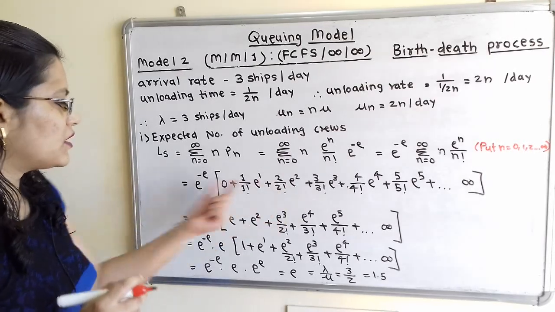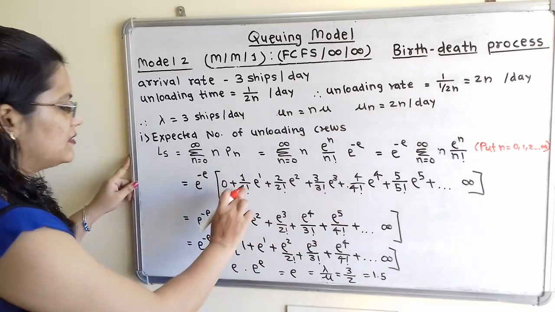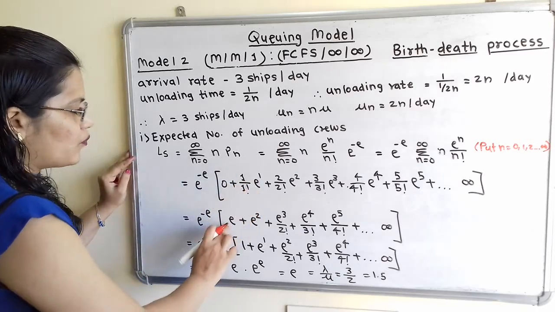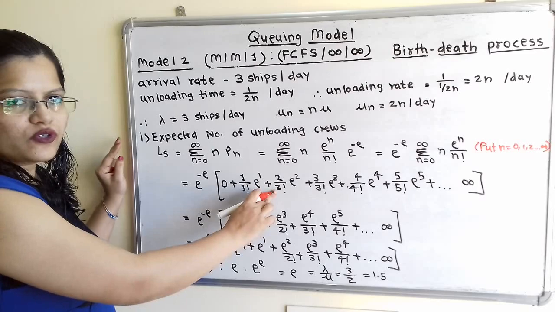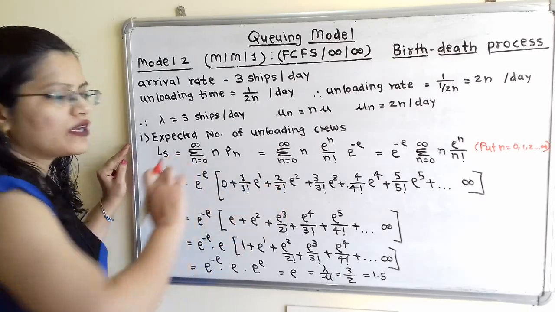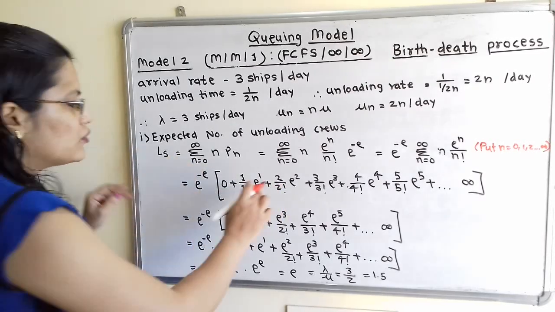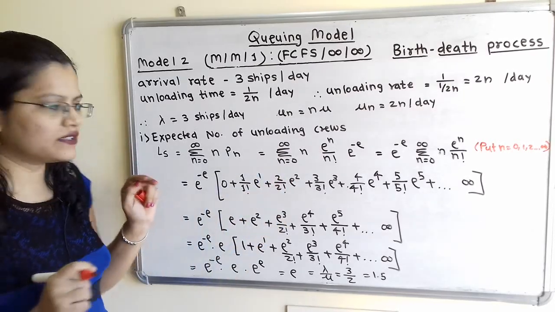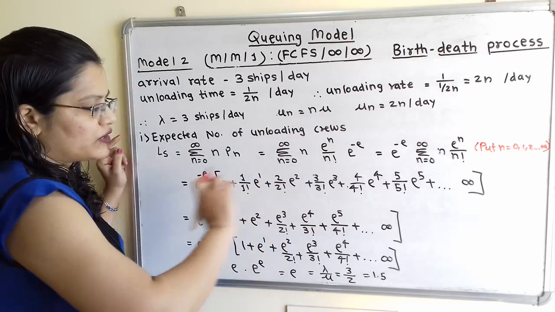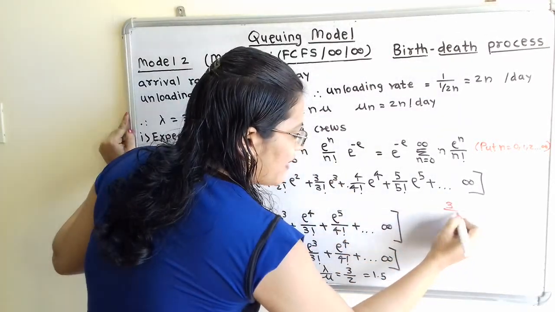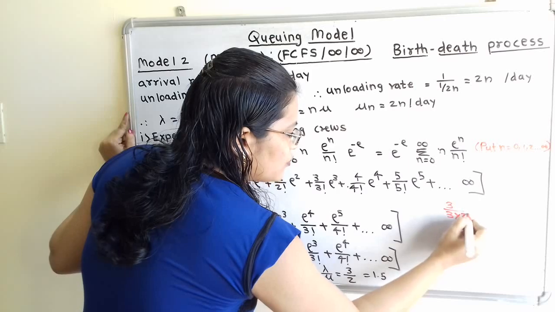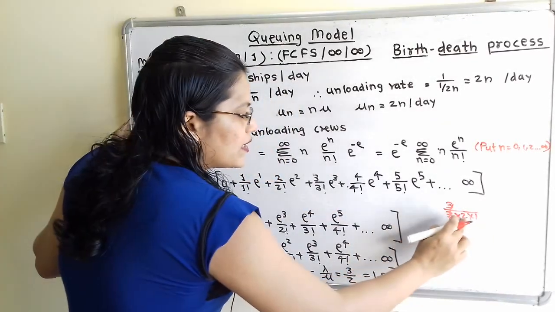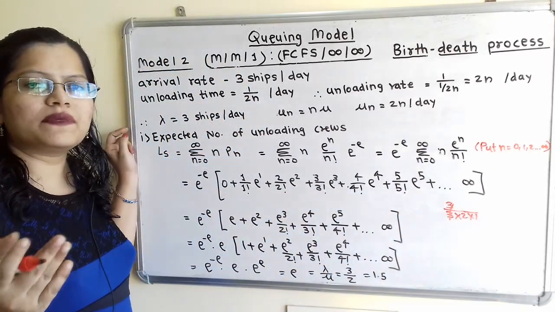Now we will simplify this. 1 by 1 factorial is 1, so we simply write rho plus 2 by 2 factorial. 2 by 2 factorial means 2 divided by 2 multiplied by 1, so the 2 is cancelled and only rho square remains. Then 3 by 3 factorial: that is 3 divided by 3 into 2 into 1, so the 3 is cancelled and only 2 into 1 remains, which is 2 factorial.